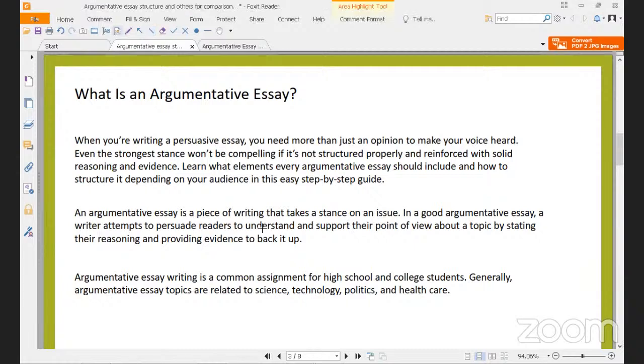To back it up, okay? The reasoning and providing evidence to back it up. So what's to back it up? What does it mean to back it up? Writer? Back it up.